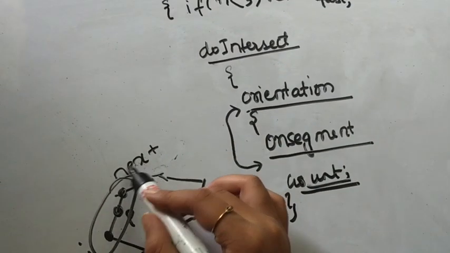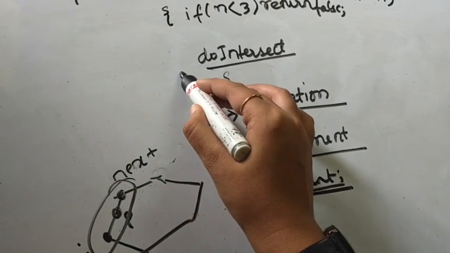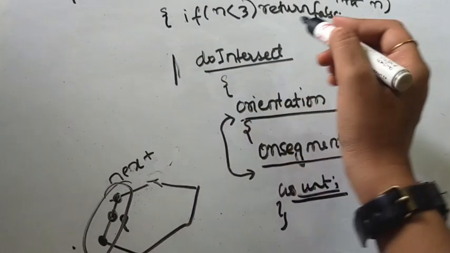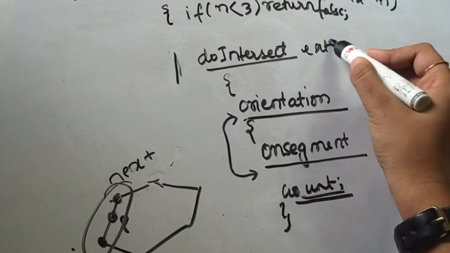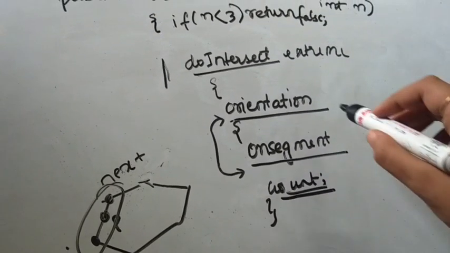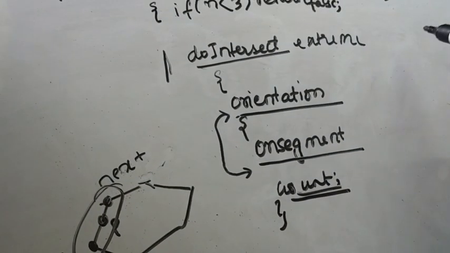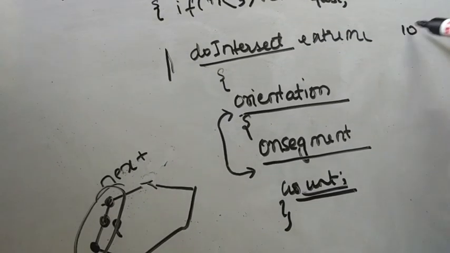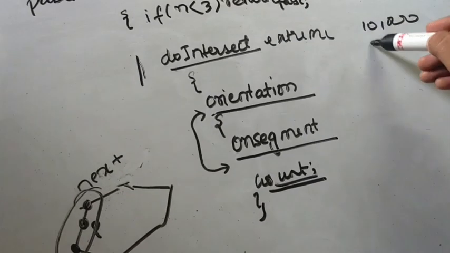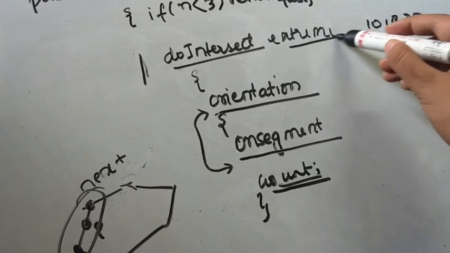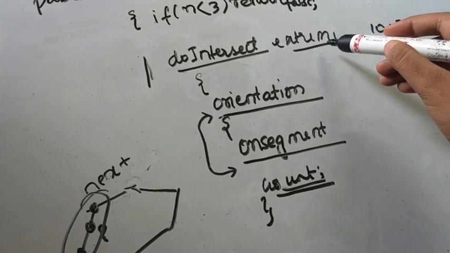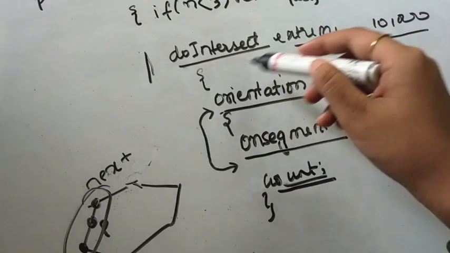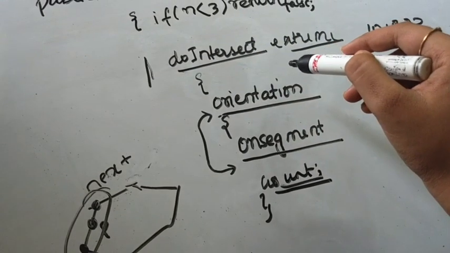And the reason I'm taking I and I next is that in the intersect function, I'm going to take one extreme point, which has the maximum value, let us say a very arbitrary large number like 10,000 or something, and this extreme point will also be used in finding the return value of this doIntersect function.